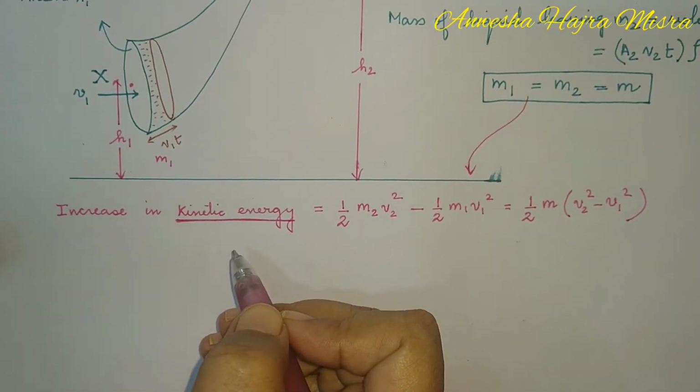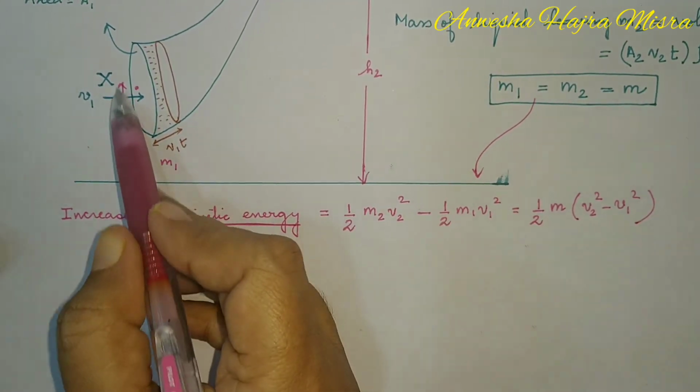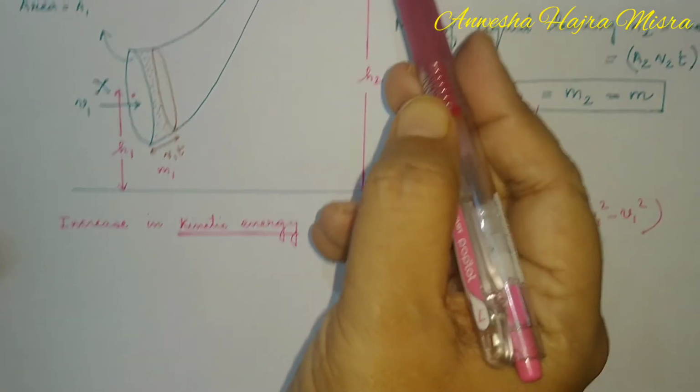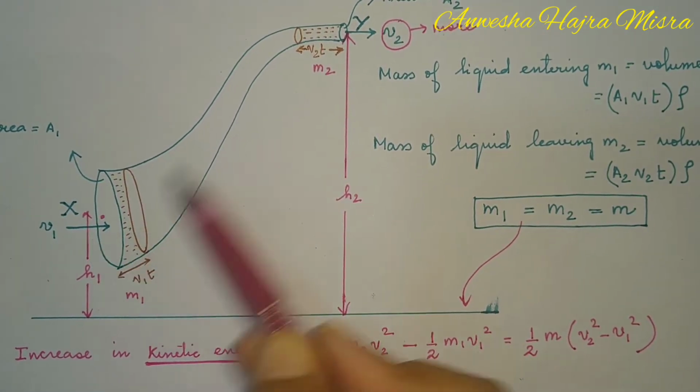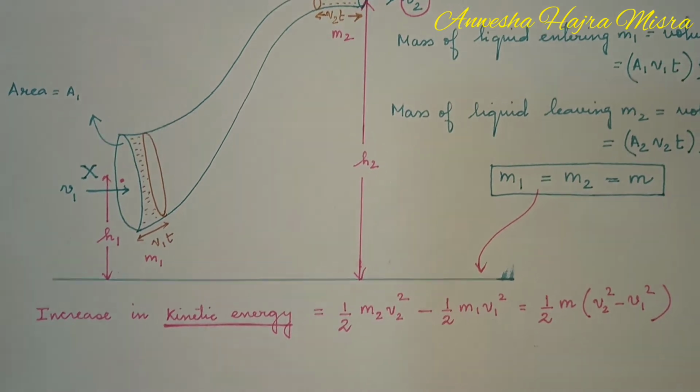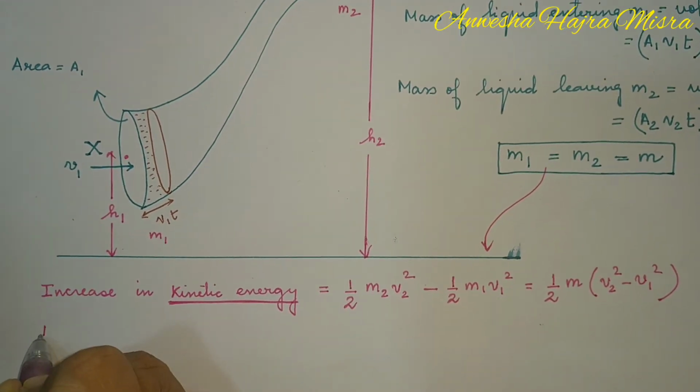What about potential energy? Here the height is h1, here the height is h2. Again we see from x to y, potential energy also increases.